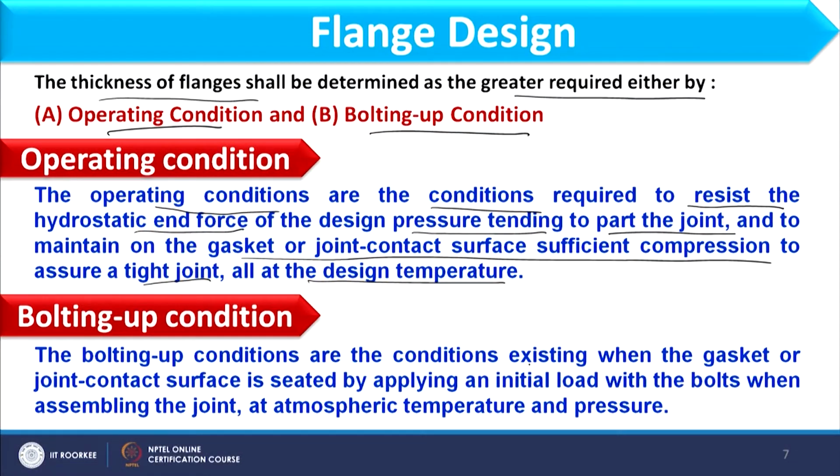Second condition I am having is bolting up condition, and these are conditions existing when the gasket or joint contact surface is seated by applying an initial load with the bolts when assembling the joint at atmospheric temperature and pressure. So, that bolting up condition will be the initial condition where operation is not going on.